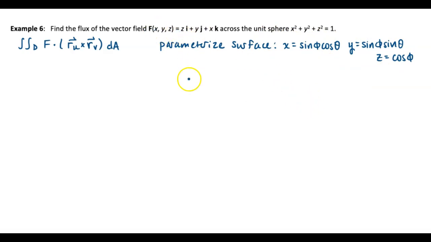And so when I find this cross product, I'm really talking about the cross product of this partial derivative with respect to phi with the partial derivative with respect to theta. And we used a unit sphere. In fact, we used this in number 1. And so I'm just going to take this from example 1.